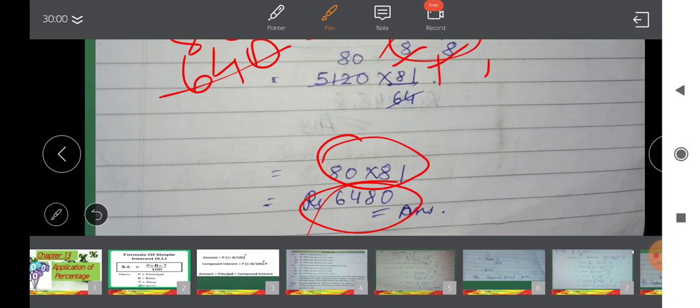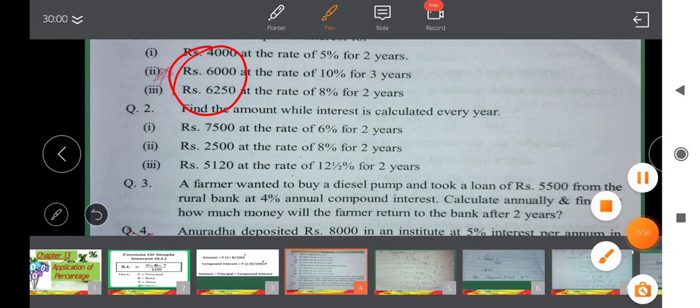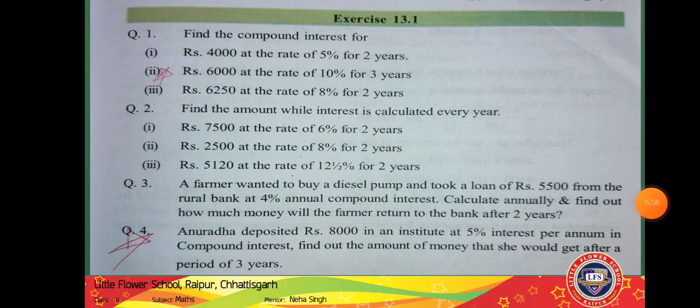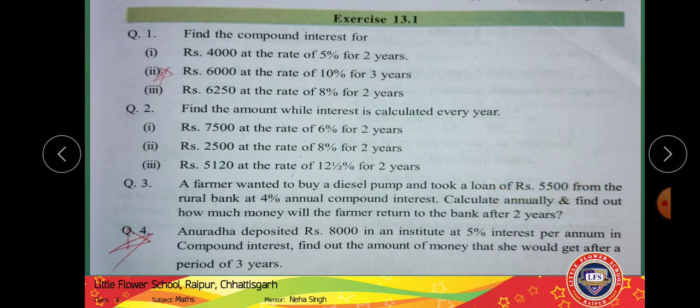Now moving on to the third question. A farmer wanted to buy a diesel pump and took a loan of rupees 5500, right? Loan is of rupees 5500 means the principal amount, right?